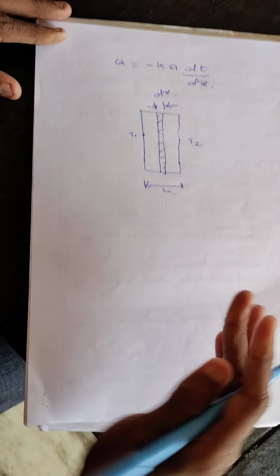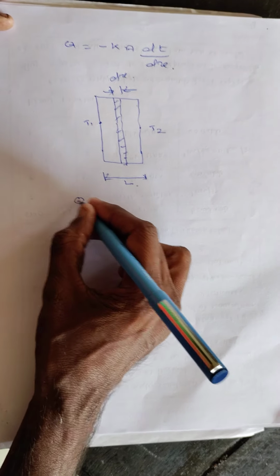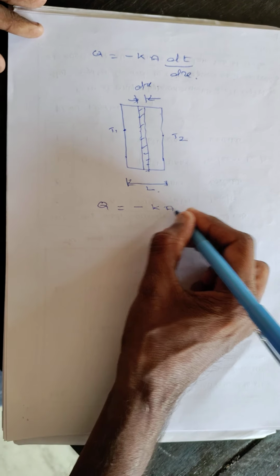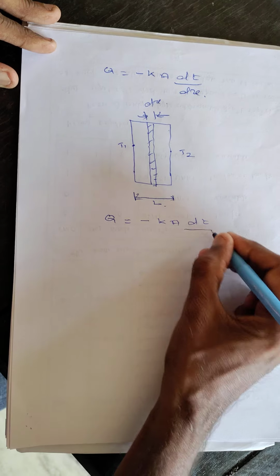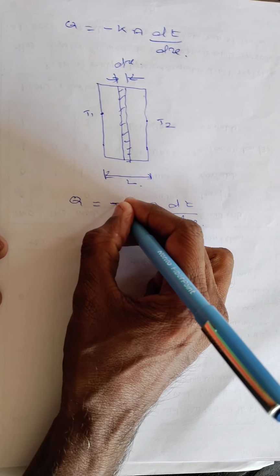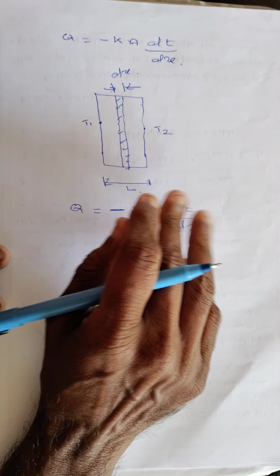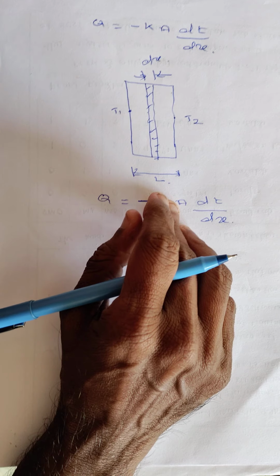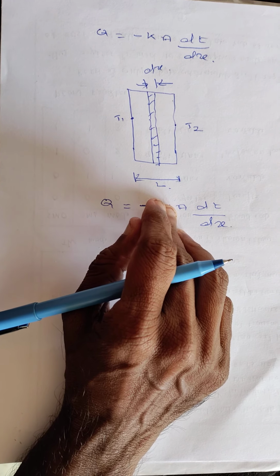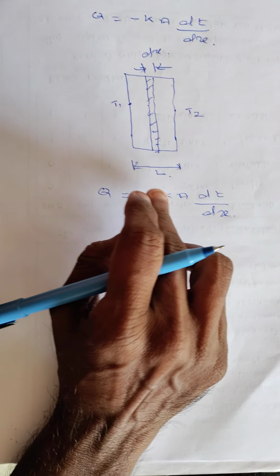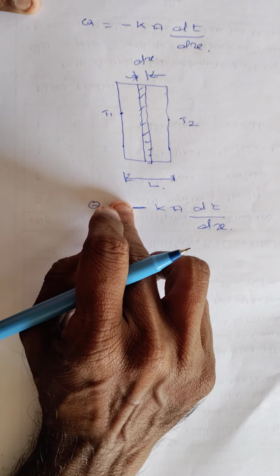Now, as per the governing equation, Q is equal to minus Ka into dT by dx. Why does the minus value come? Listen very carefully. In the Fourier law of conduction, the negative sign comes.